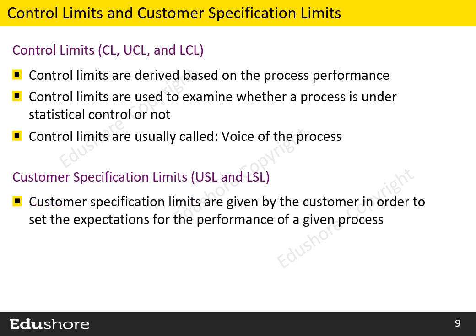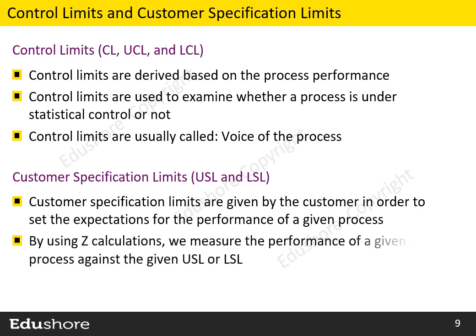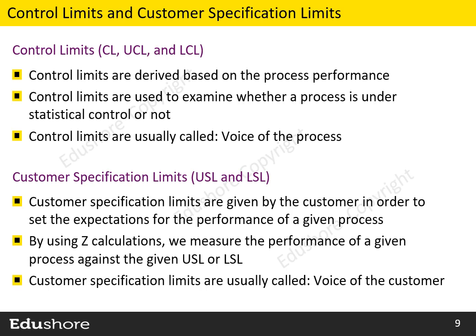Customer specification limits are given by the customer in order to set the expectations for the performance of a given process. By using Z calculations, we measure the performance of a given process against the given USL or LSL. Customer specification limits are usually called voice of the customer.